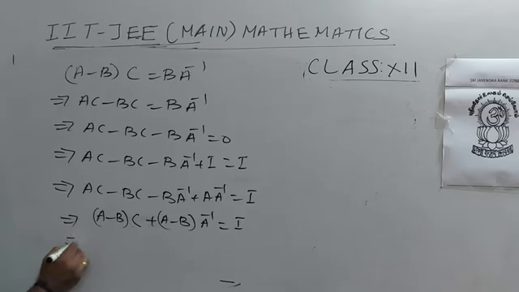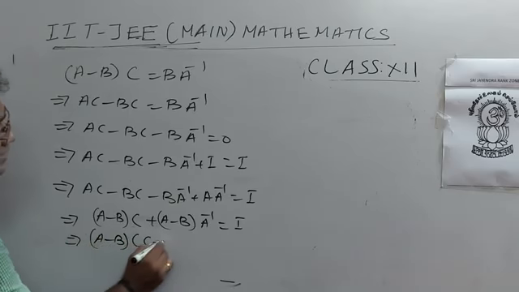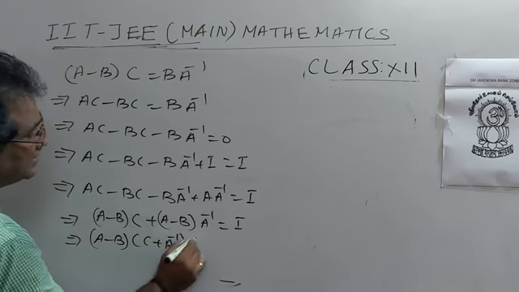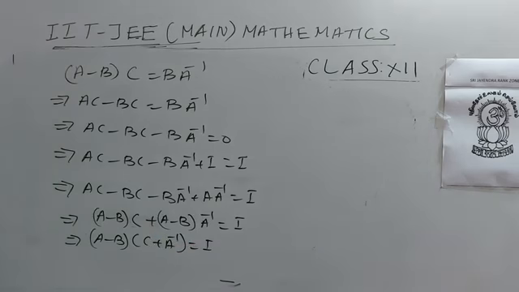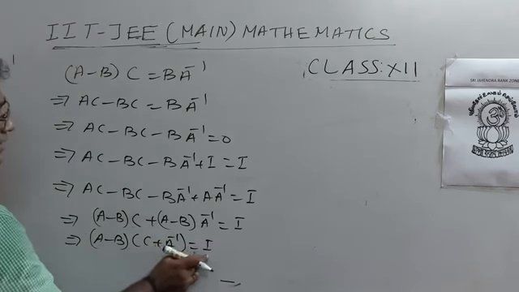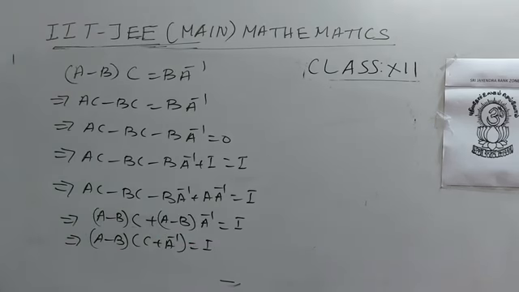Then (A minus B) into (C plus A inverse) equal to I. If you multiply A minus B with this, we get I. Therefore, C plus A inverse should be the inverse of A minus B.